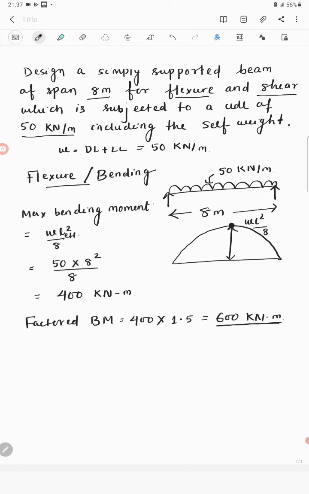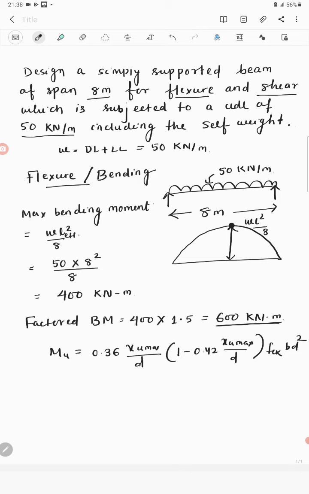Okay, by considering the beam as a balanced section. So as per the code, for balanced section, what is the expression for bending moment, ultimate bending moment, or the moment of resistance? That is 0.36 Xu max by d (1 minus 0.42 Xu max by d) fck b d square.